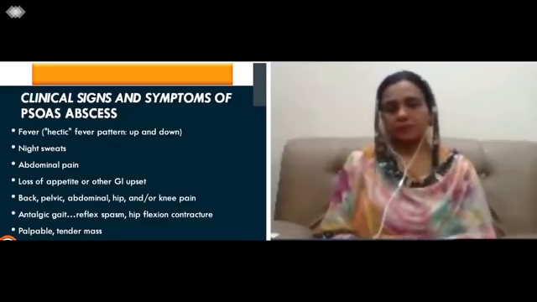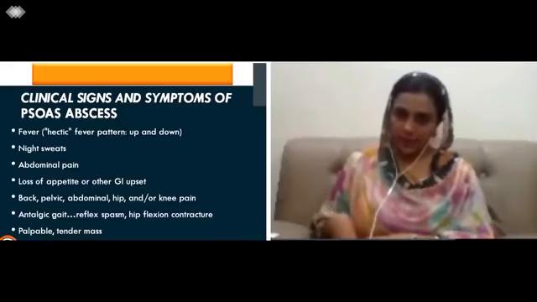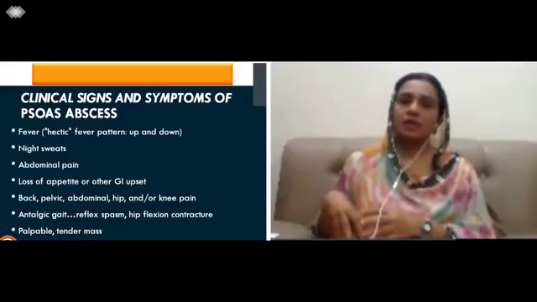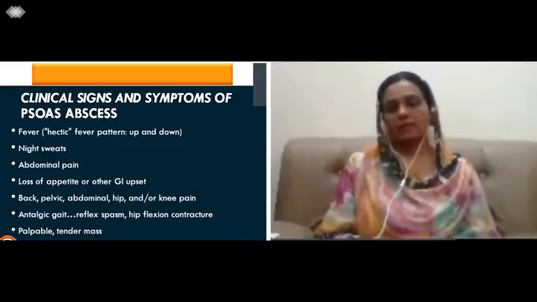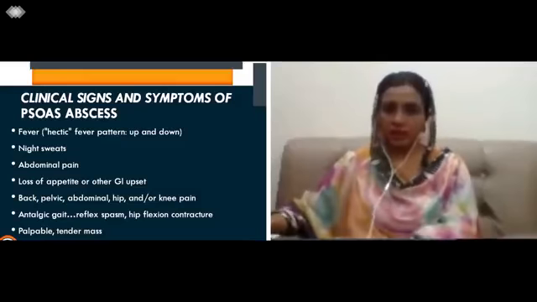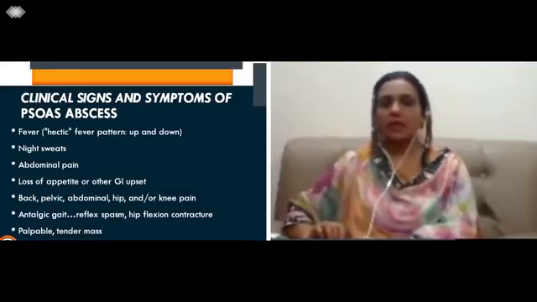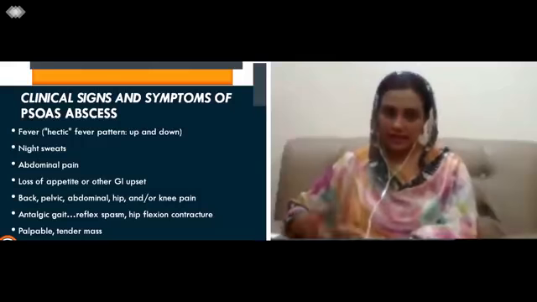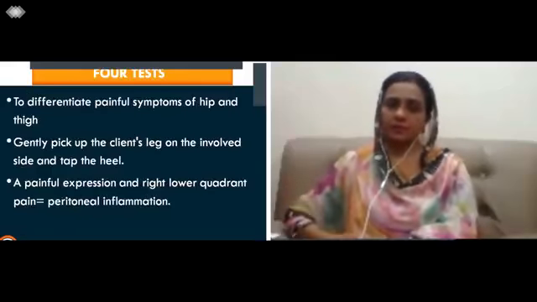Due to abscess formation, the muscle will be in spasm and in contracted form, and that can even lead to hip flexion contracture. If you palpate this, you can find a palpable tender mass. So that is the finding in case of this abscess.